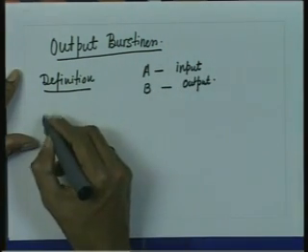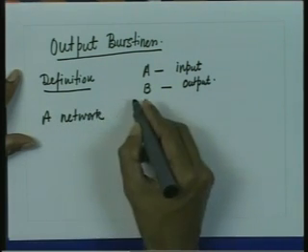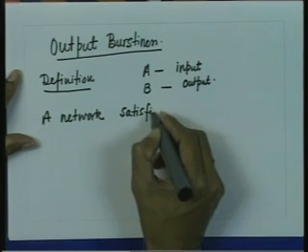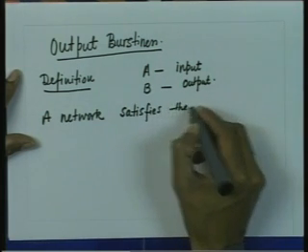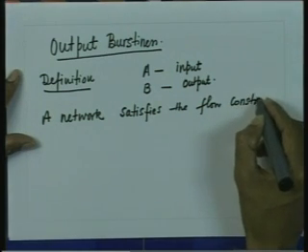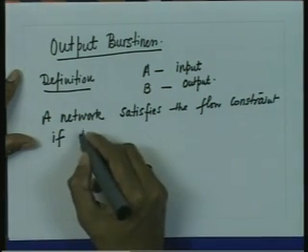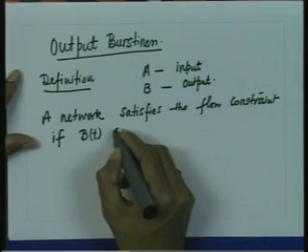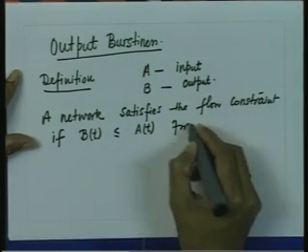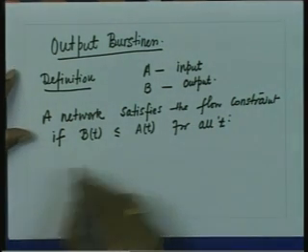So, we say that a network satisfies the flow constraint if B(t) is less than or equal to A(t) for all t. So, this is our definition.